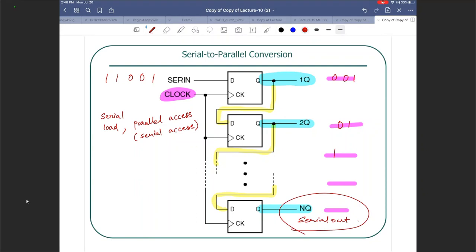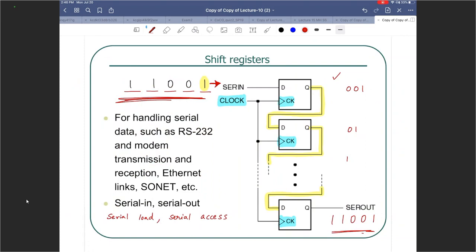So it's serial load. You can access things parallel out or serial out. Both apply over here. All we changed was we observed the outputs of each flip-flop now, giving us the ability to access things in parallel. Earlier, we were looking at only one serial output, which was the output of the last D flip-flop.